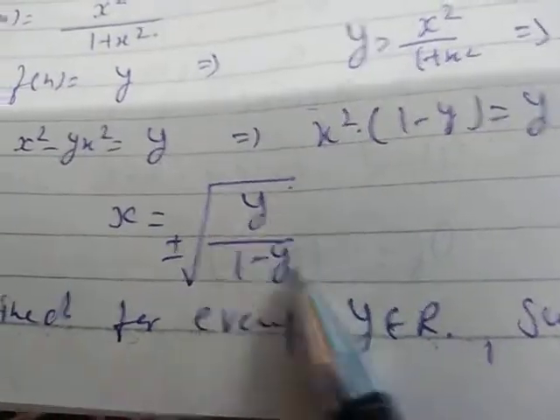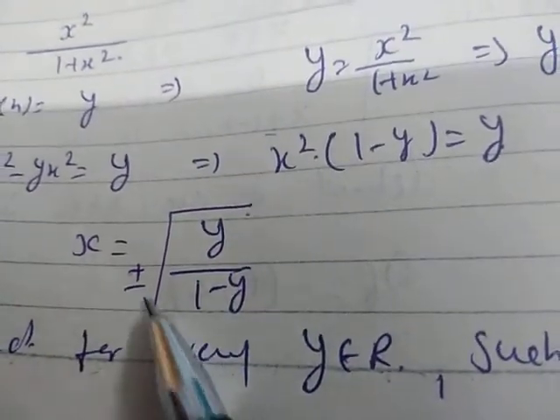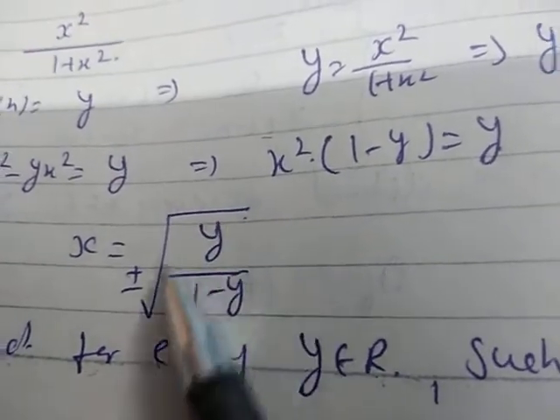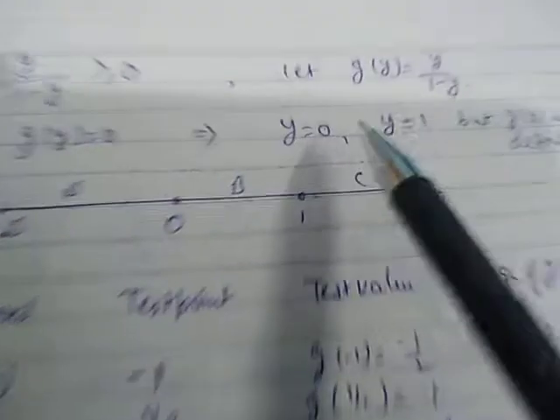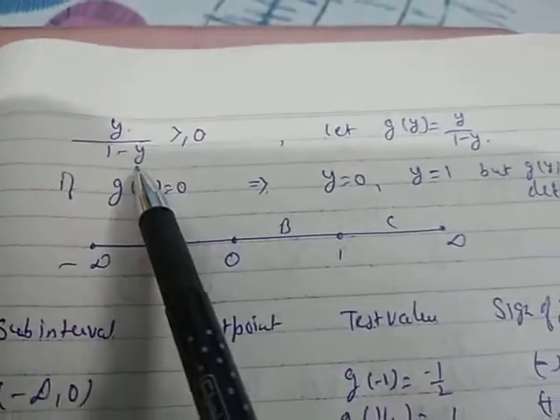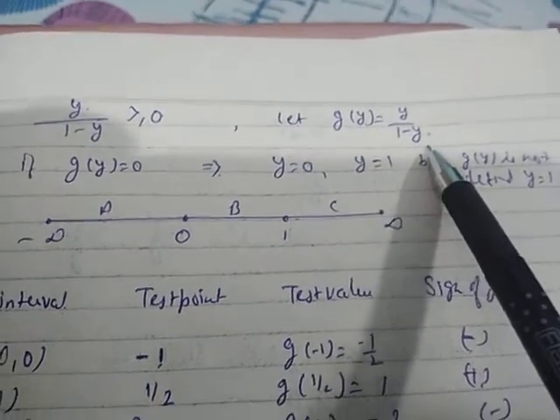Because here x is this one, so y/(1 - y) is under a square root. Therefore definitely it should be greater than or equal to 0. Now what we have to do, since it is a rational function, let g(y) = y/(1 - y).